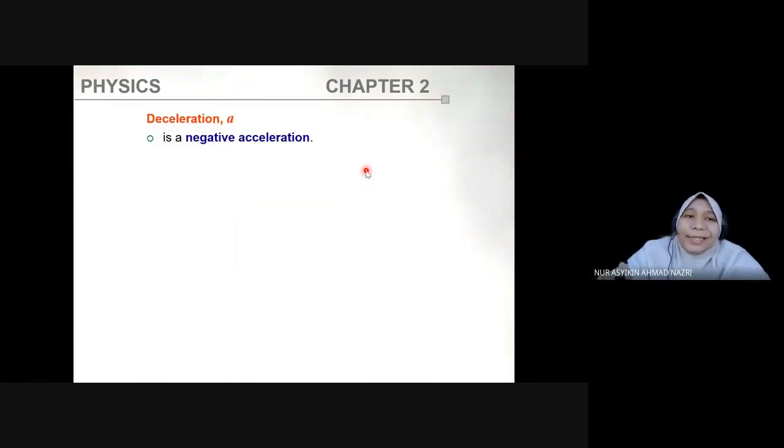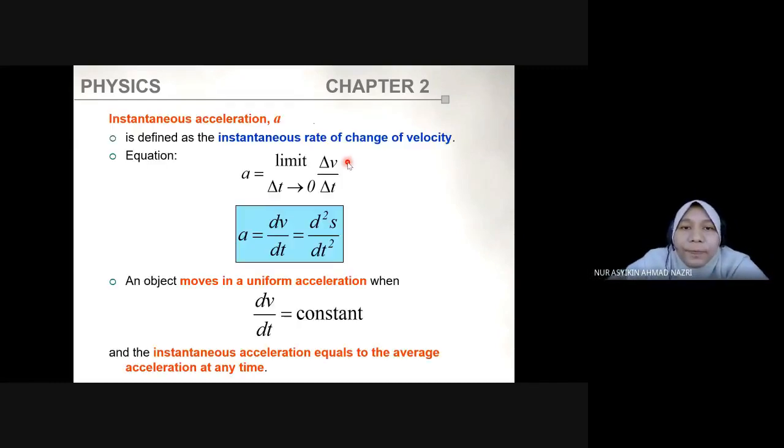Alright, so deceleration. Okay, sebelum saya terlupa, acceleration ni ada positif, negatif. But the positive and negative tu depend on the direction. So to the right positive, to the left kita ambil negative.